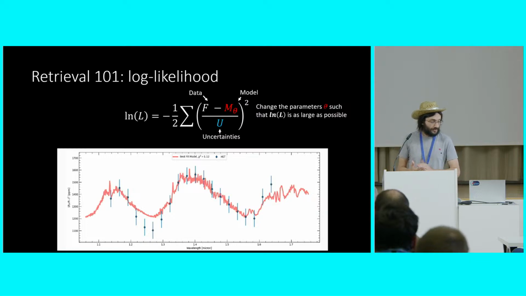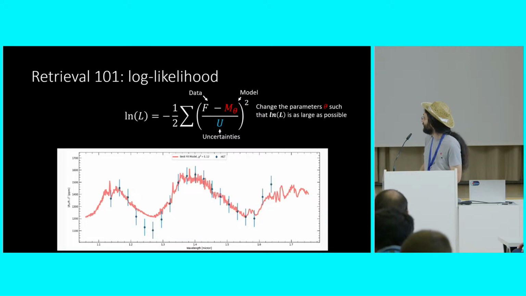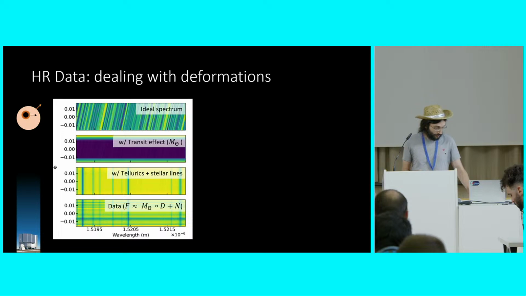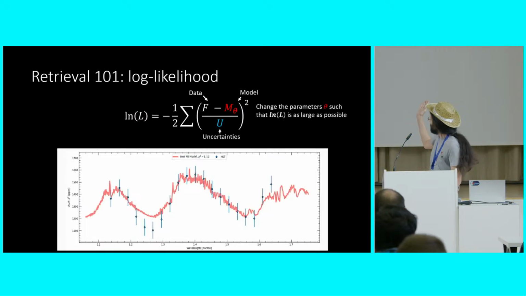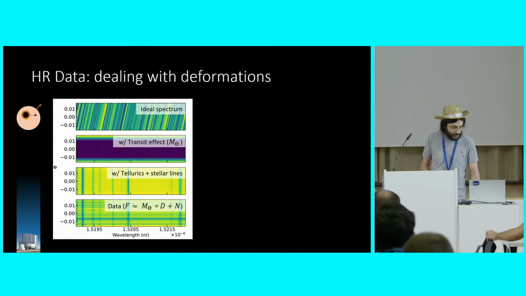If you are in the low resolution regime using space-based observations, it's pretty straightforward. You have your nice spectrum in your data, you have your nice spectrum in your forward model, and you just adjust them together.